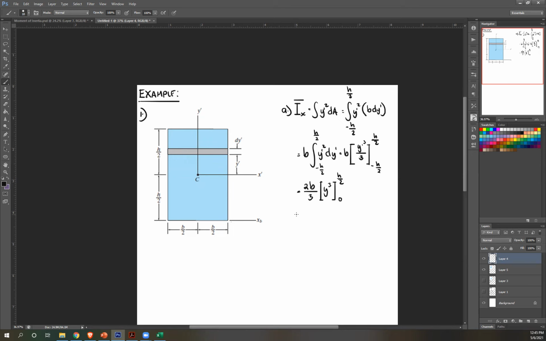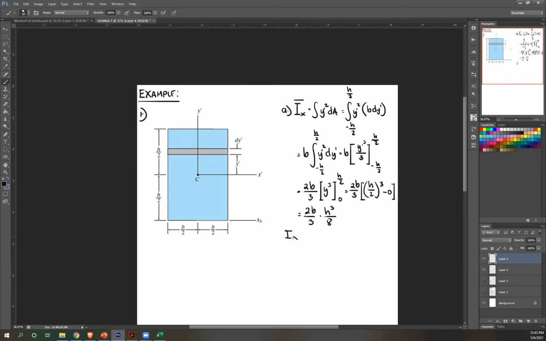Okay. And then solving for this, you have 2b over 3. Subbing in your upper limit, this becomes h over 2 cubed, and then minus subbing in 0, so that's just 0. Finally, this becomes 2b over 3 multiplied by h cubed over 8.